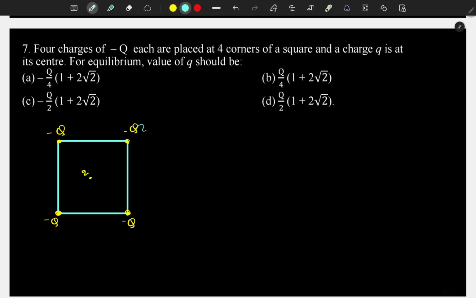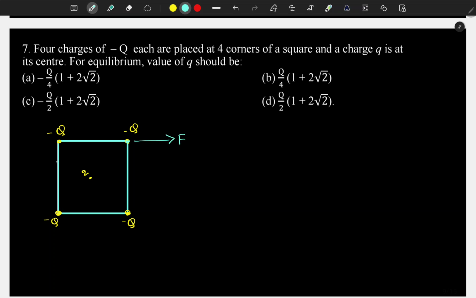So in equilibrium condition, the net force acting on any one of the charges will be 0. Let's consider the force acting on the charge placed at one of its corners is 0. That means here how many forces are acting? Let's consider minus q repel each other.